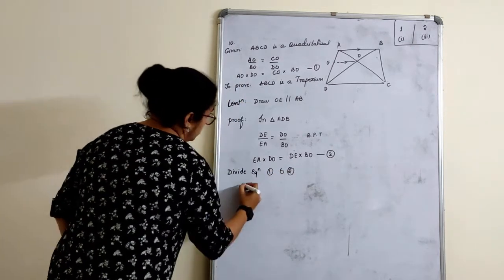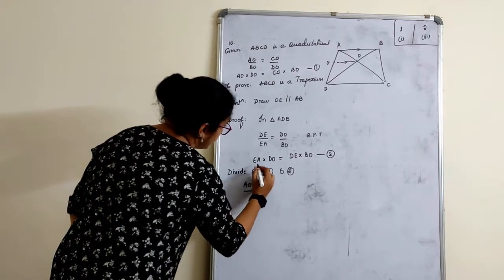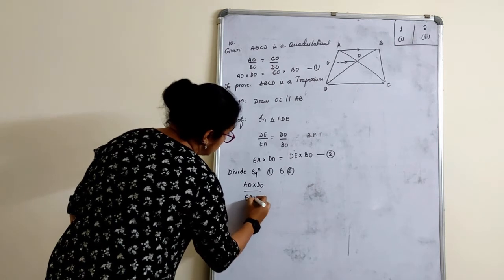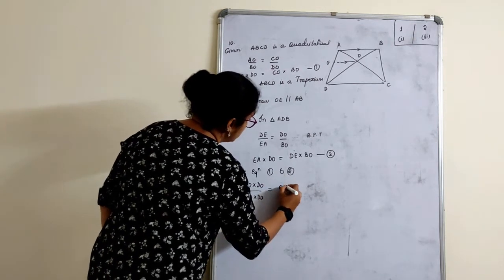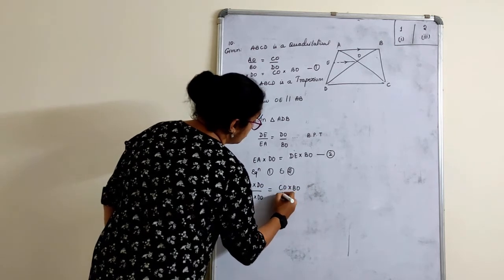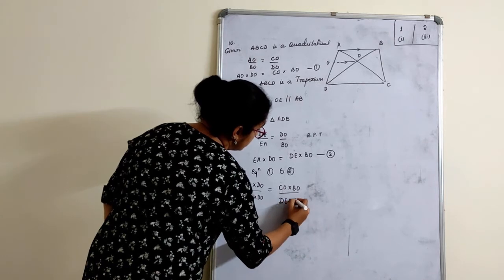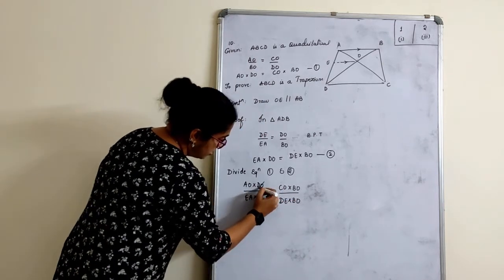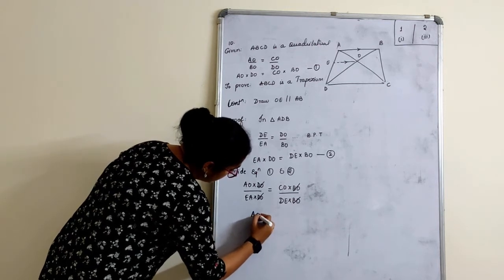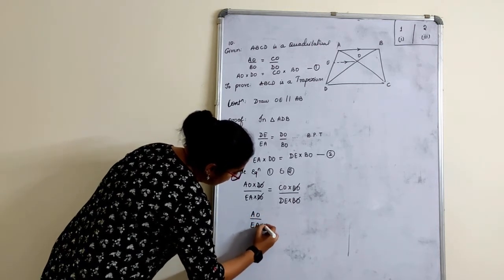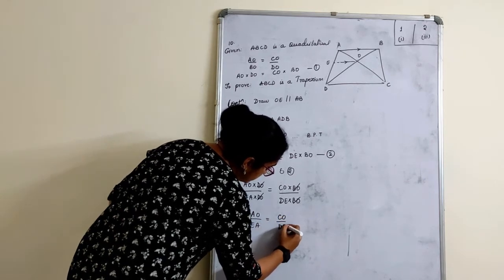So AO into DO divided by EA into DO is equal to CO into BO divided by DE into BO. Cancel whatever is possible here. What remained? AO upon EA is equal to CO upon DE.